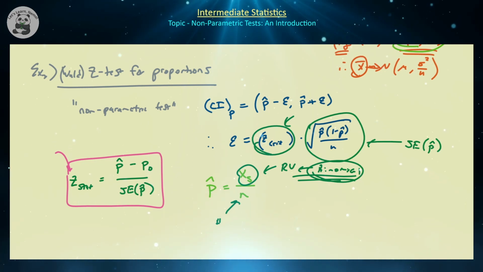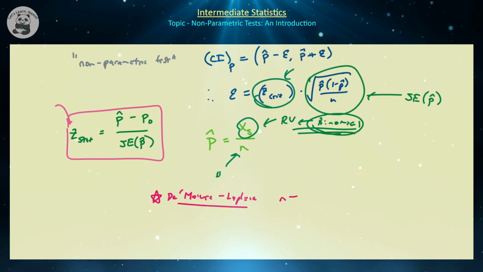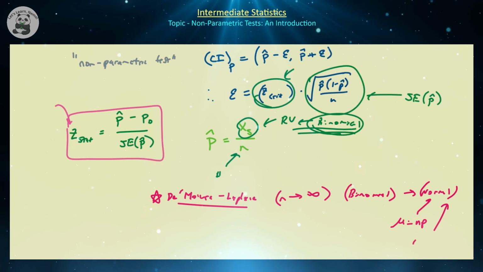Well, you may remember, at least if you explored this with us, there is a theorem called the de Moivre-Laplace theorem that says that as n gets arbitrarily large, the distribution of a binomial approaches the distribution of a normal, where this normal has a mean of n times p, and its variance, sigma squared, is n p times 1 minus p. Right? So as n gets arbitrarily large, the binomial can be approximated by a normal distribution.